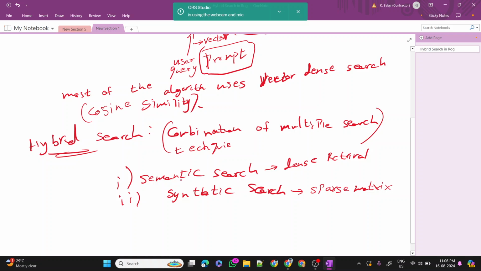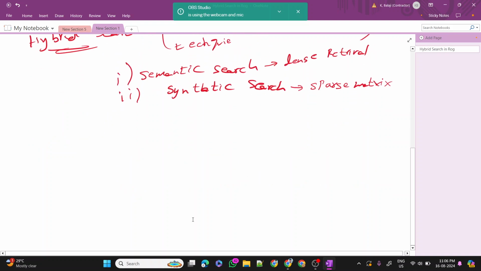Okay, let's see about synthetic search and how it works.